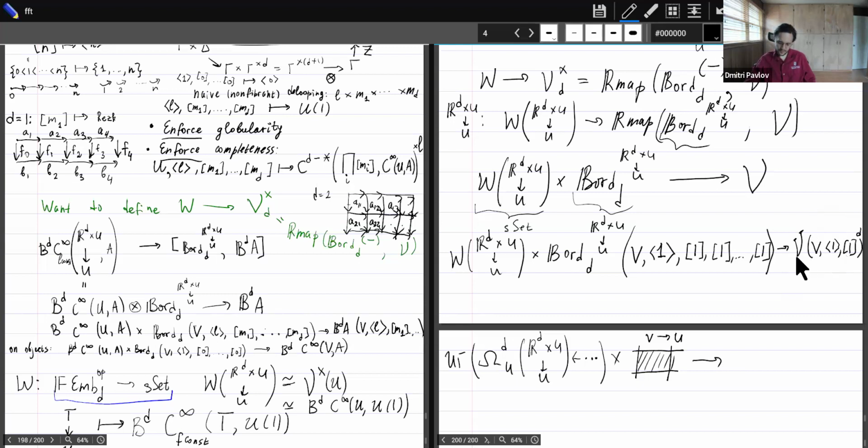Here. And what is the right side? Well, the right side is a groupoid. What are its objects and morphisms? Well, let me say what the objects are. Objects will be just smooth functions from V to U1.